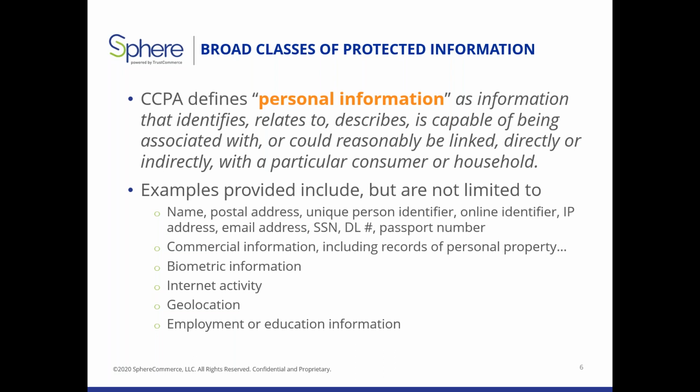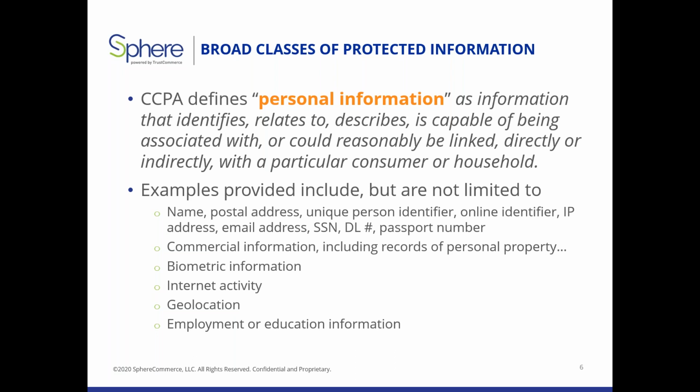And you can see it on the screen. It defines personal information as information that identifies, relates to, describes, is capable of being associated with, or could reasonably be linked directly or indirectly with a particular consumer or household. So it's exceptionally broad, right? We look at names, postal addresses, unique identifiers, social security number, all sorts of data that we would consider to be sensitive ourselves.